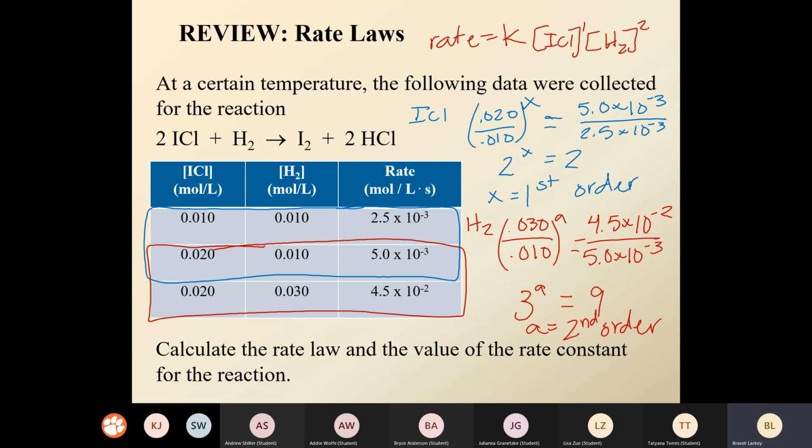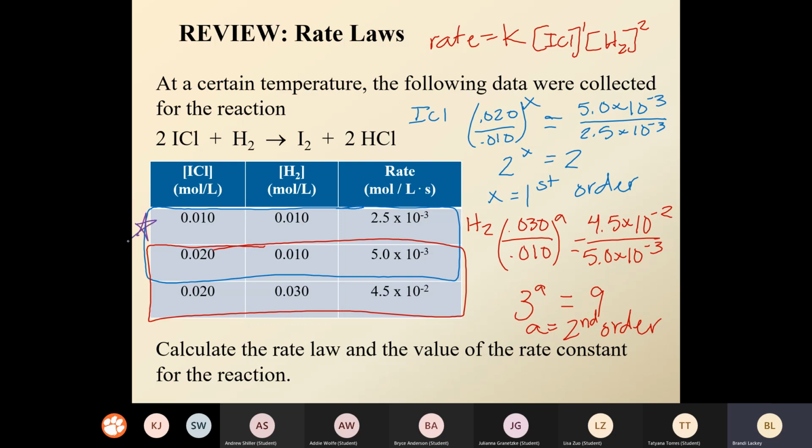Then it wanted us to figure out the value of the rate constant, the value of k for our reaction. So let me change colors again. So remember, to find the value of k, you're going to take one data set and plug it into your rate law. So I normally use the first one.